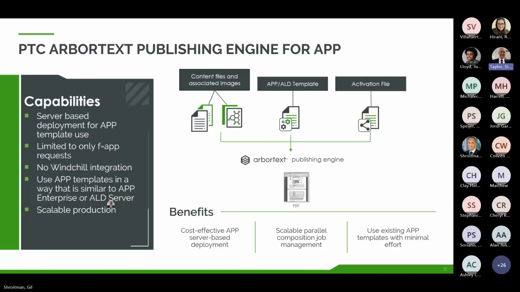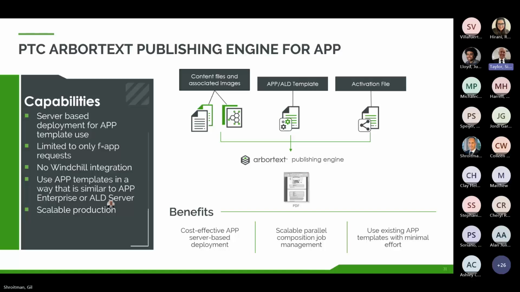So this version is a lot more cost effective than the full-blown version, but it is very limited. There's no Windchill integration. You cannot use it for f=convert type processes. And it is only really there for use with an APP template.